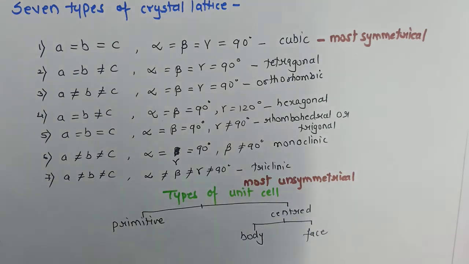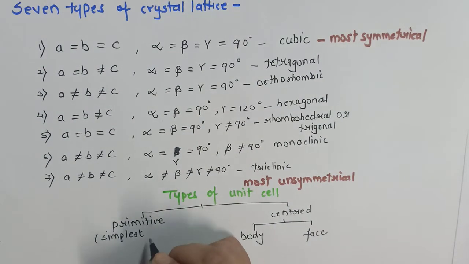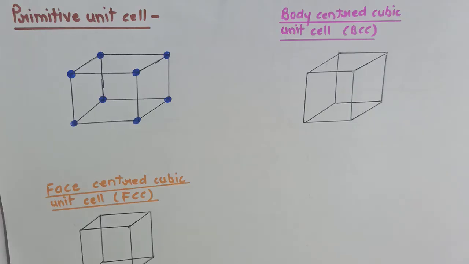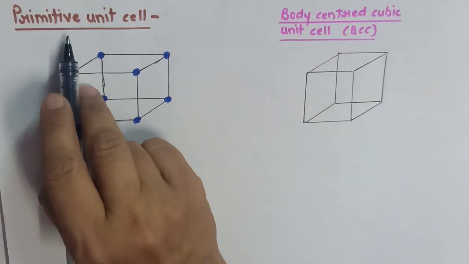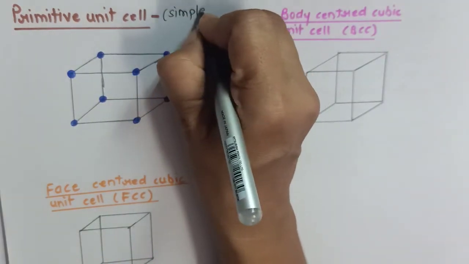The primitive unit cell is also called the simplest unit cell. So let us study all these unit cells in detail. So here are three types of unit cells. Primitive unit cell, also called simplest cubic cell.